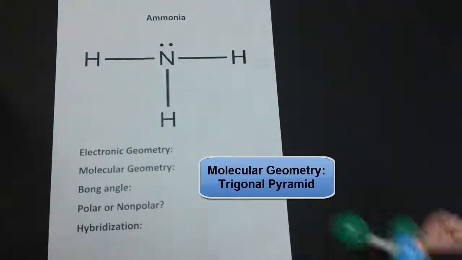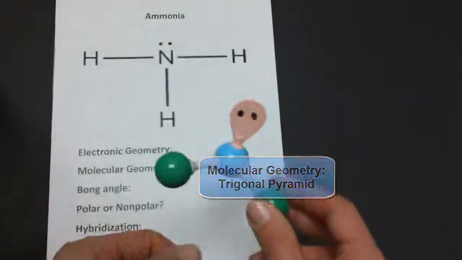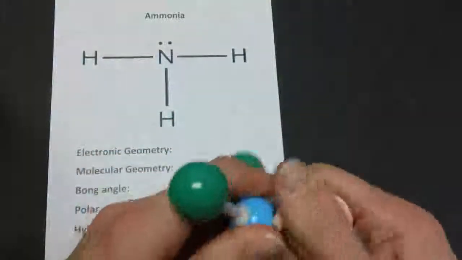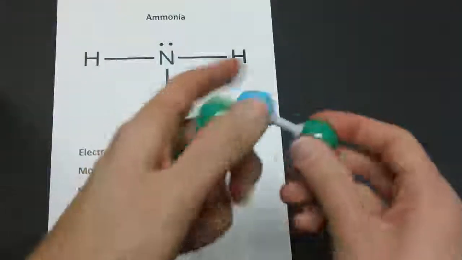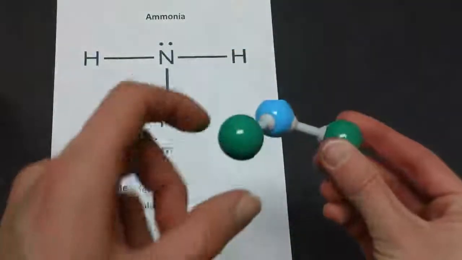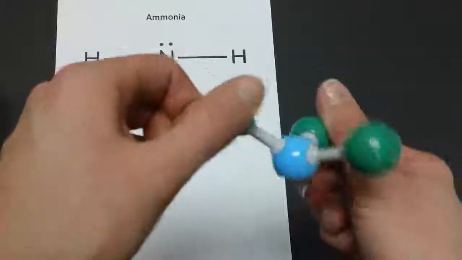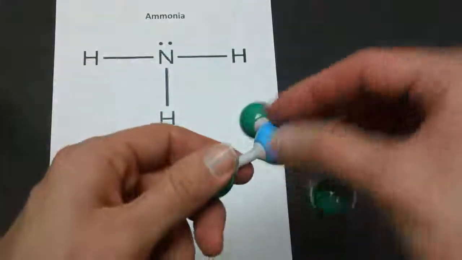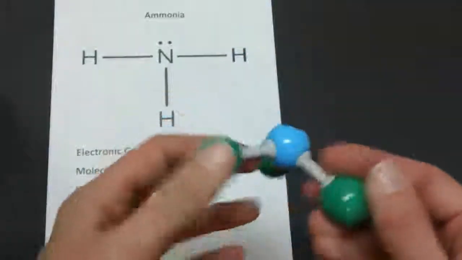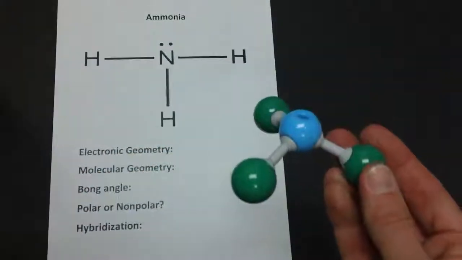So here we've got the model. The molecular geometry is: what does this molecule look like when you don't take into consideration the electrons? What does the molecule actually appear to be? It appears to be a trigonal pyramid. Notice it's not all on the same plane. This nitrogen atom is up higher than the plane of the hydrogens, so this is a trigonal pyramid molecular geometry.